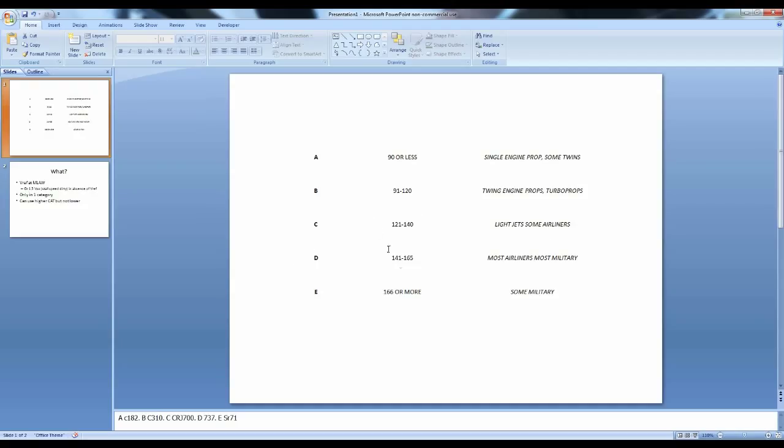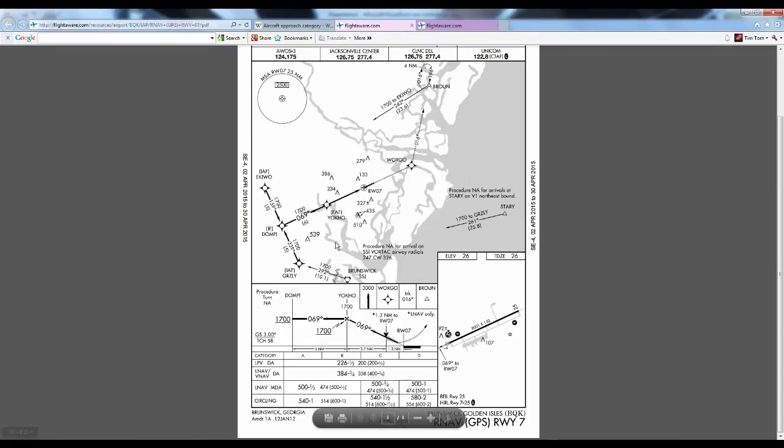Cat D is 141 to 165 knots. This is where most airliners and some military aircraft will be. And Cat E is 166 knots or more. You will very rarely ever see Cat E printed on most charts.